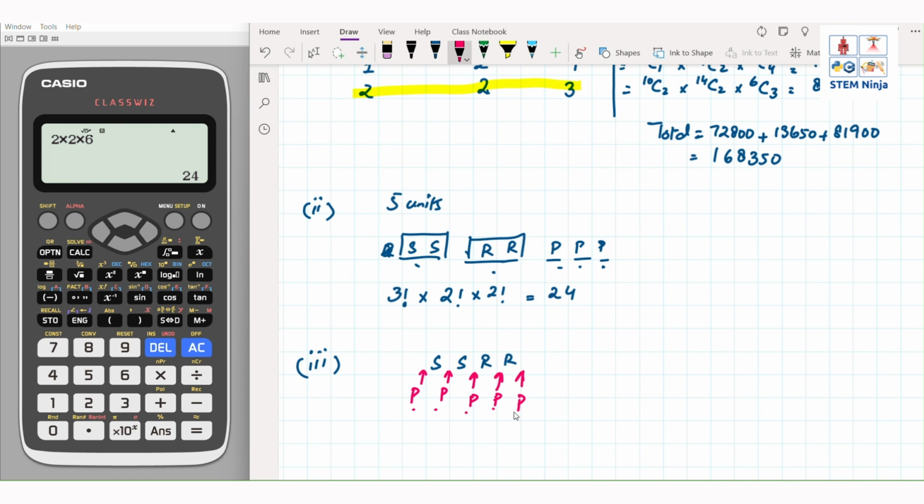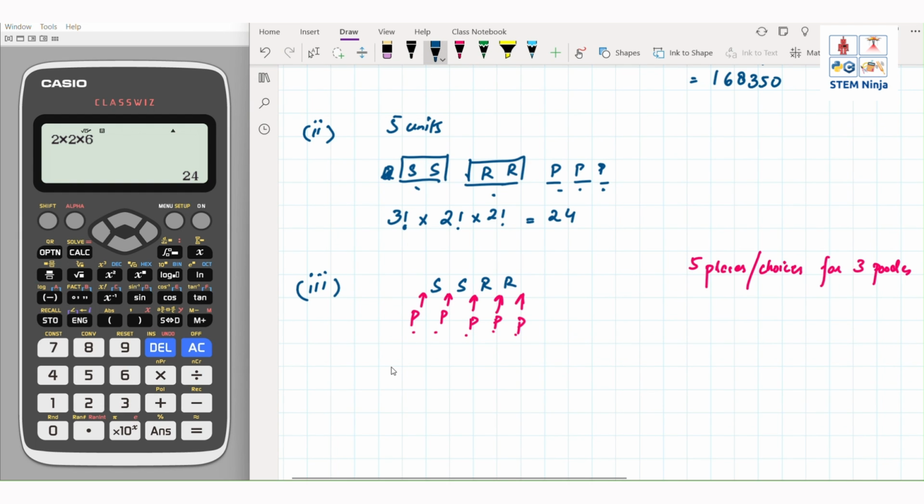So 1, 2, 3, 4, 5 places or choices for 3 poodles. So basically 5P3. So 5P3 times 4 factorial. So 4 factorial times 5P3. So that is 1440.